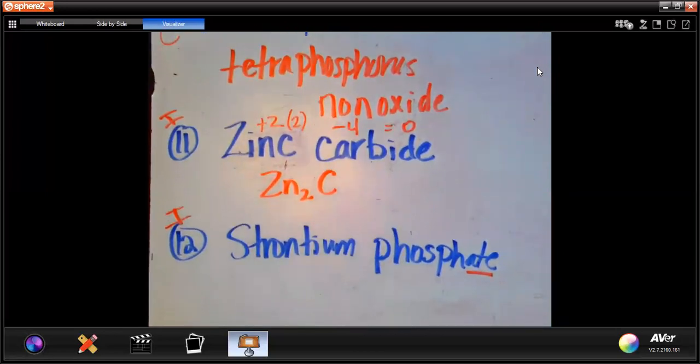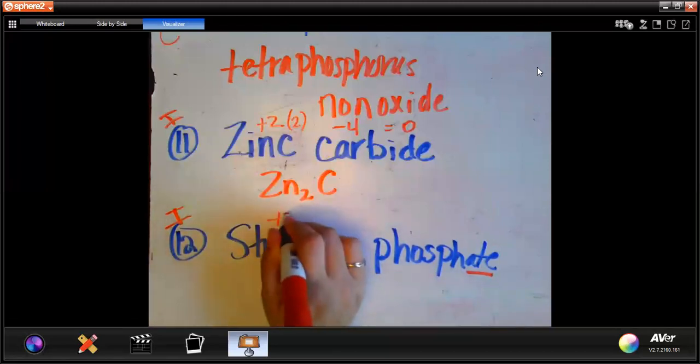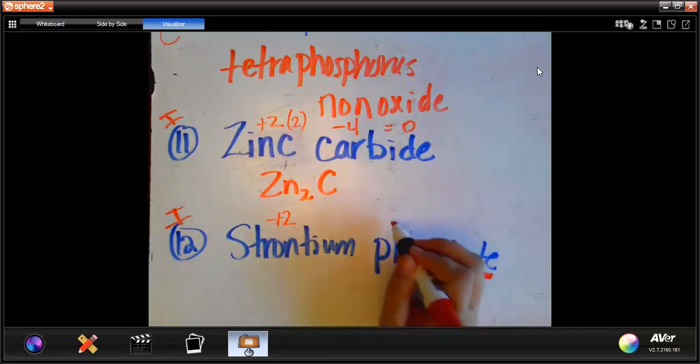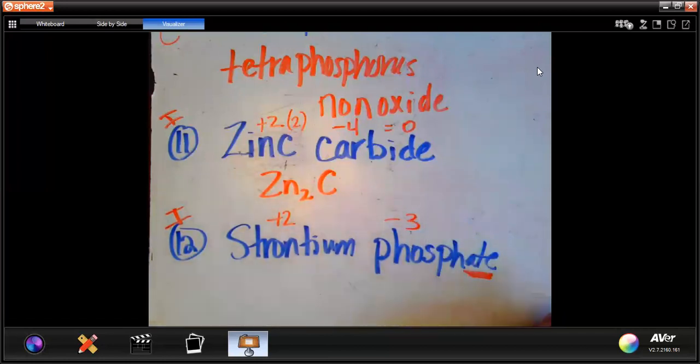Right, next we have strontium and phosphate. Right, so we look up the charge for strontium. We find that strontium is in group 2, so it's +2. Phosphate, we look up on the polyatomic ion list. Again, it ends in ate, and that's got phosphorus and oxygen in it, and then it has a charge of -3.